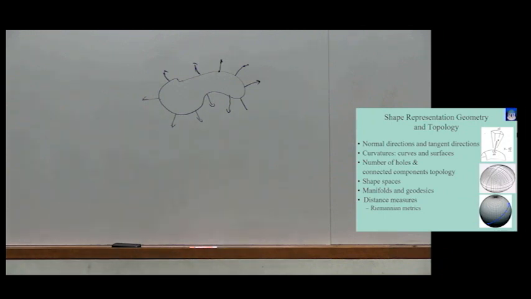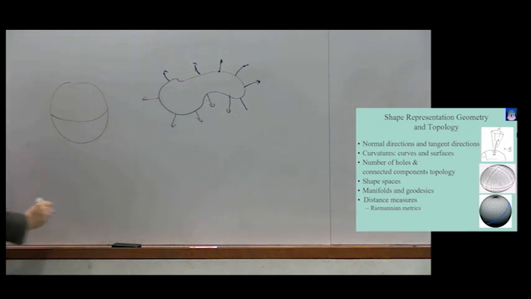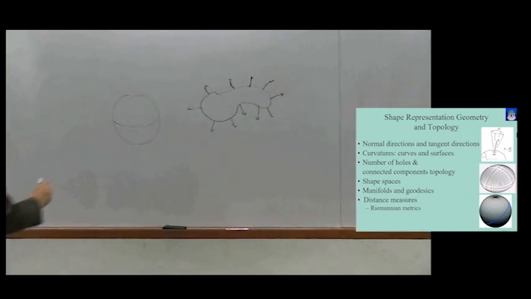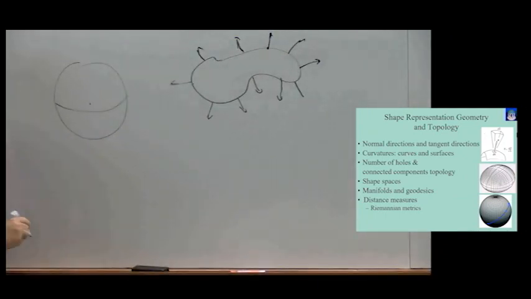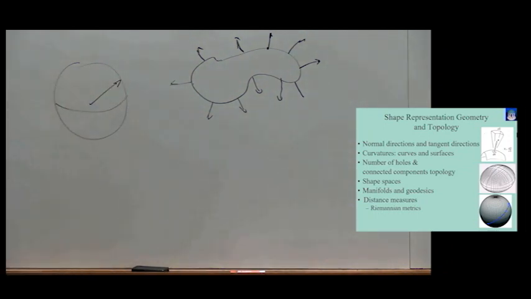Unit vectors live on an ordinary two-sphere, a two-dimensional sphere in 3-space. A unit sphere where if you put the unit vector at the center of the sphere, you have the vector going from there to a point on the sphere.